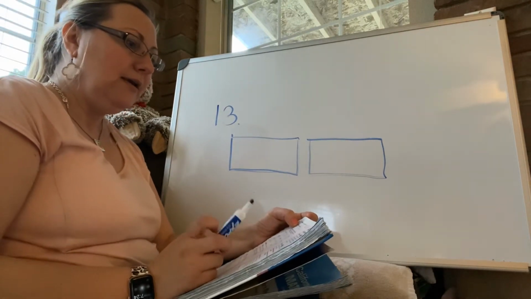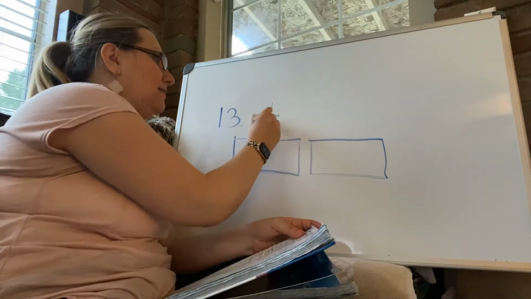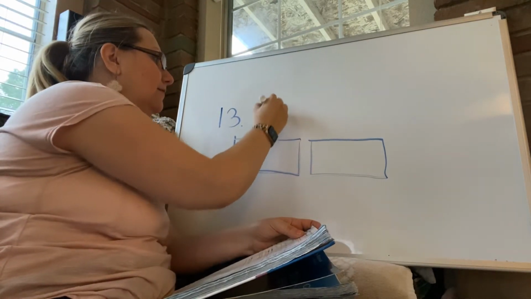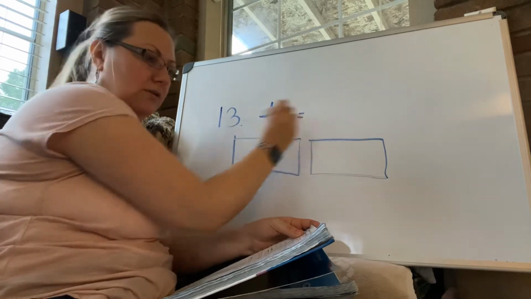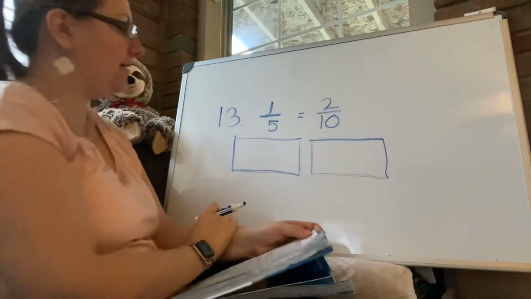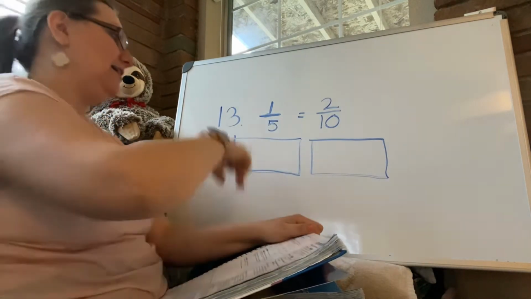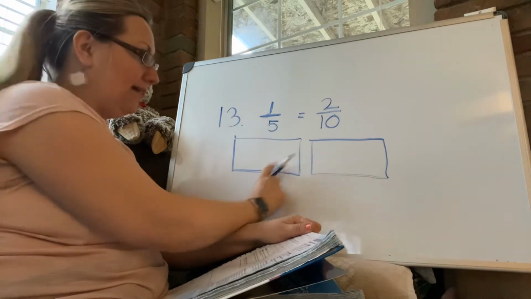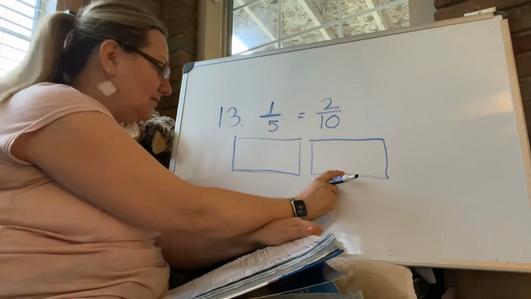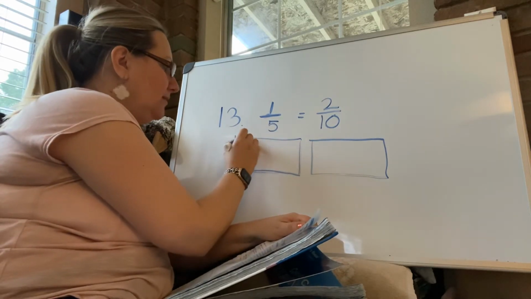And it says, first of all, we have 1/5. We're trying to prove that 1/5 equals 2/10, right? So we need to divide this box into 5 equal parts and this box into 10 equal parts, right? So let's try to be really careful.